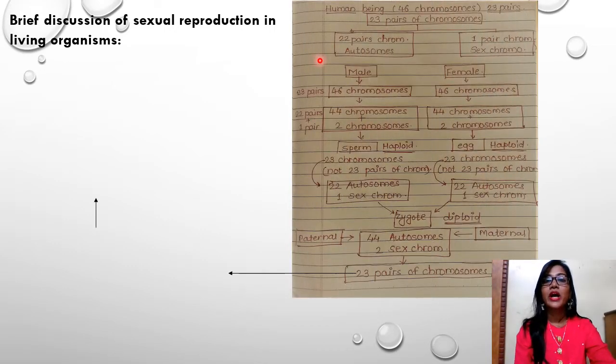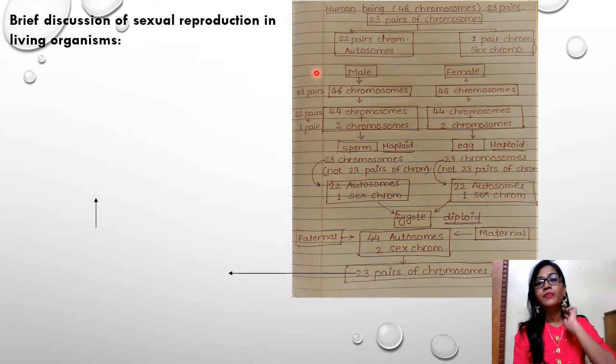As you can observe in this diagram, human beings have 46 chromosomes. Out of these 46 chromosomes, they form 23 pairs, and out of these 23 pairs, 22 pairs are called autosomes.